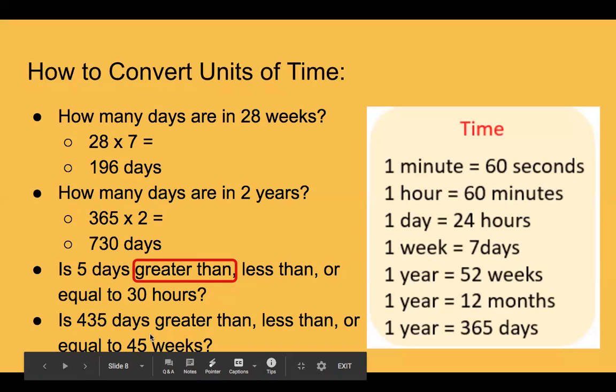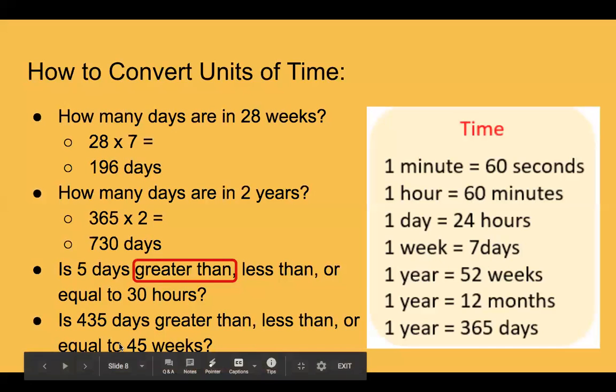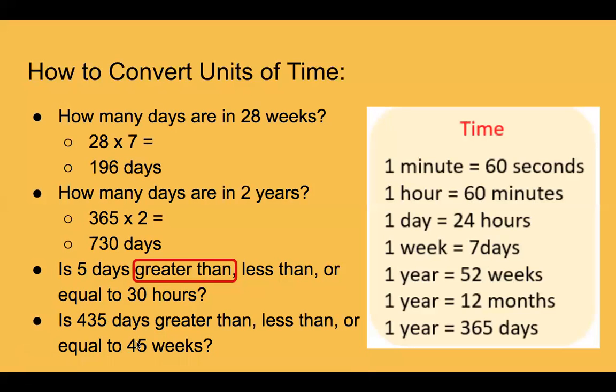It takes 7 days to make a week. So that's an important conversion we have to know. So how can we figure this out? I can convert the weeks into days, so then I could compare them. Or I could convert the days into weeks. But I think you guys will probably like this way better just because multiplying is a little bit easier than division for you guys. So let's convert the weeks into days.